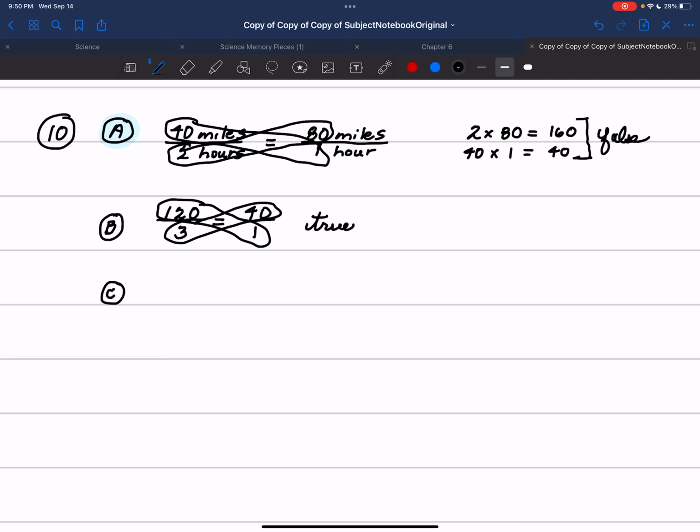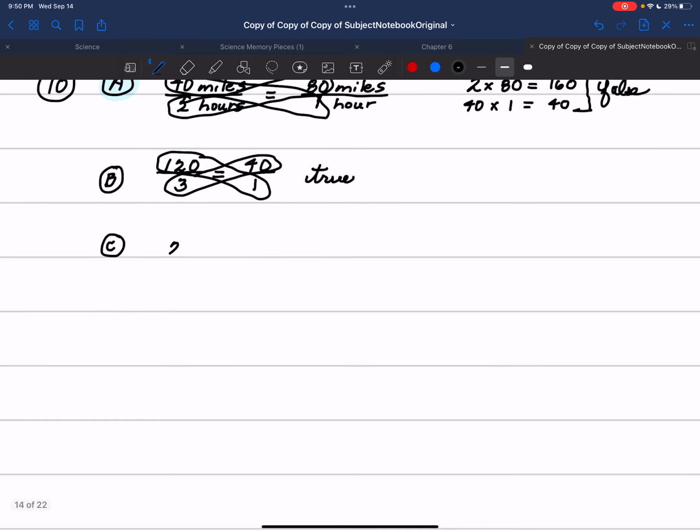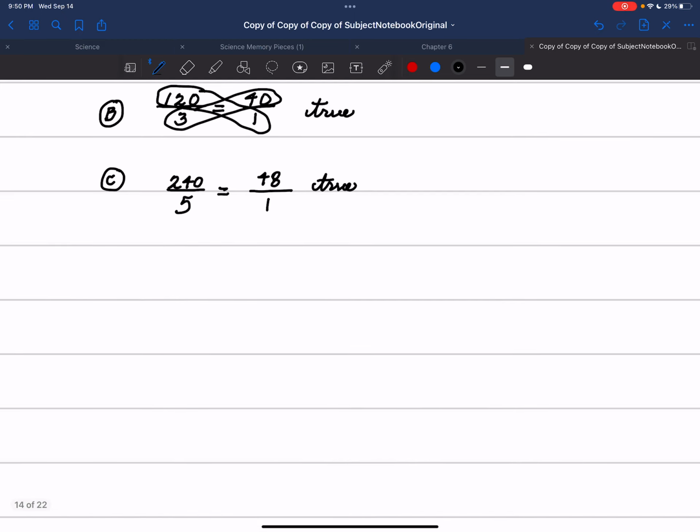C, Olga drove 240 miles in 5 hours. So 240 divided by 5 is 48 to 1. So her average speed was 48 miles per hour. That's true. Dan drove 210 miles in 6 hours. 210 divided by 6 is 35.